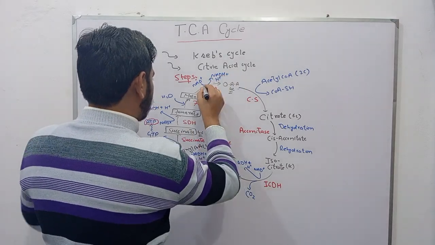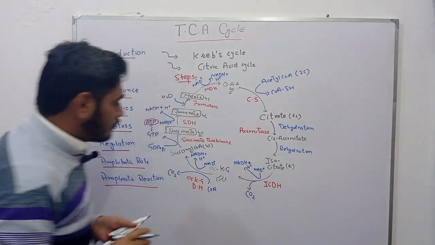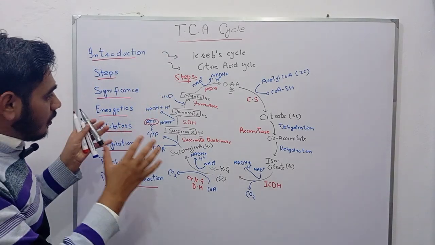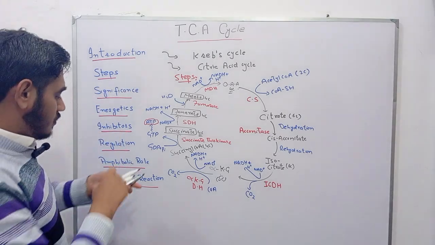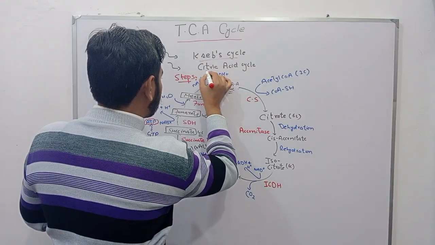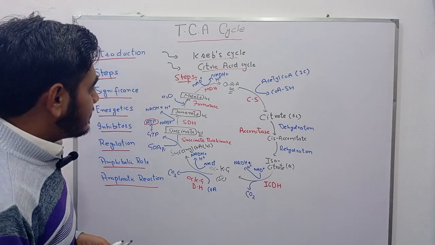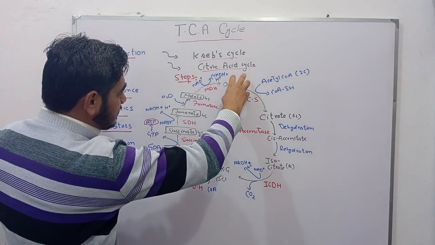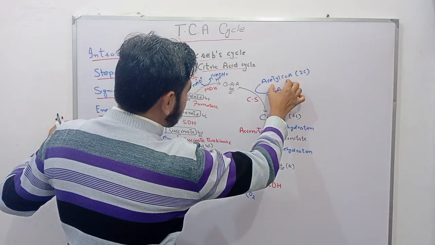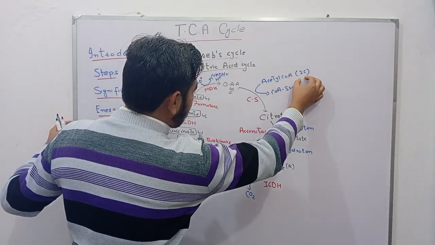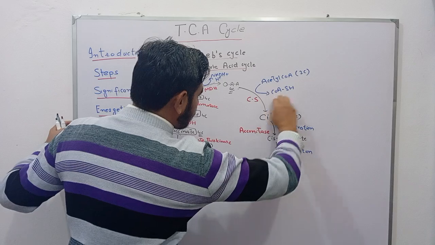So students, these all are the steps of the TCA cycle. Let's see this oxaloacetic acid, which is a 4 carbon atom containing compound. By condensation with acetyl CoA, which is a 2 carbon atom containing compound, there is a removal of CoASH.